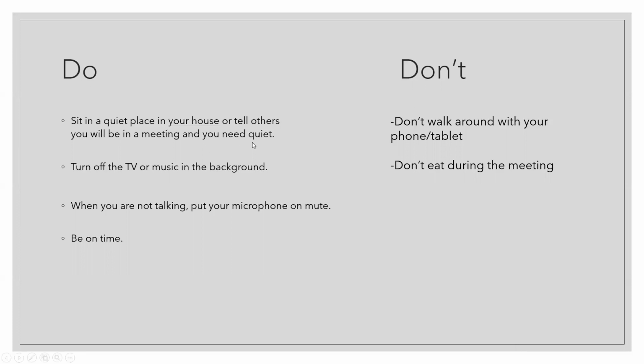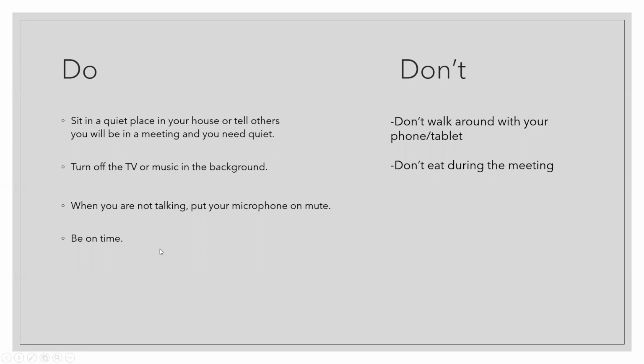So first, this is a big thing. When you have your Zoom meeting, try to find a quiet place in your house, or tell other people that you're going to be in a meeting and you need to be quiet. A part of that is making sure that anything that we can hear, like the TV or music in the background, is off.